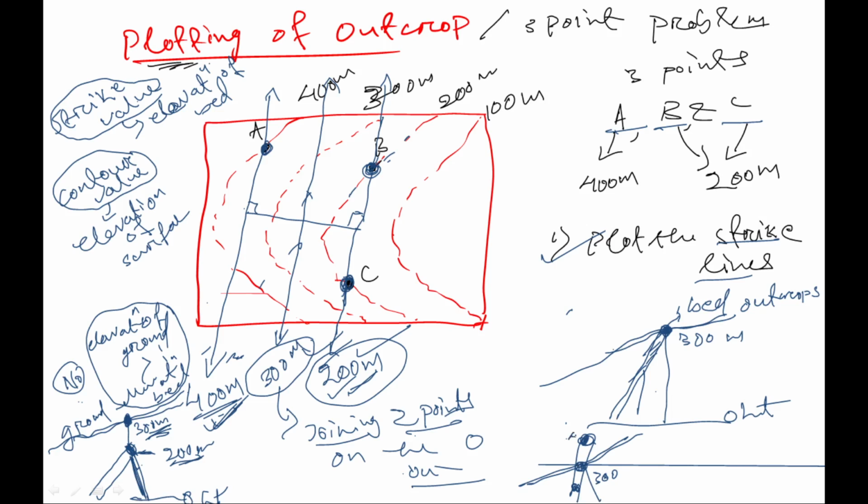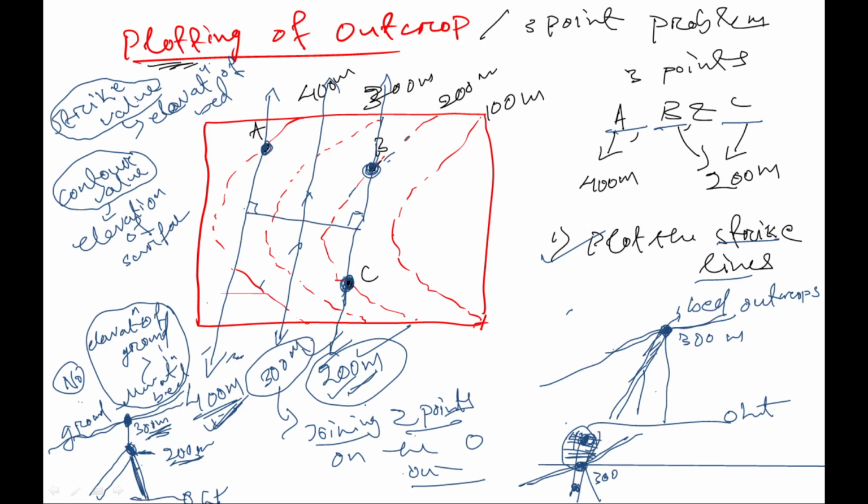And when the elevation of bed will be more than elevation of ground surface, it is not possible because this part will be eroded, right? So one thing you got to know from this example is that the bed will outcrop when the bed's elevation will be equal to ground's elevation, right?